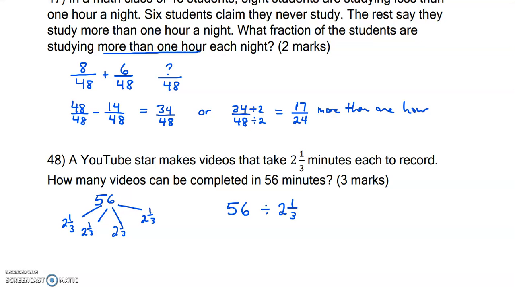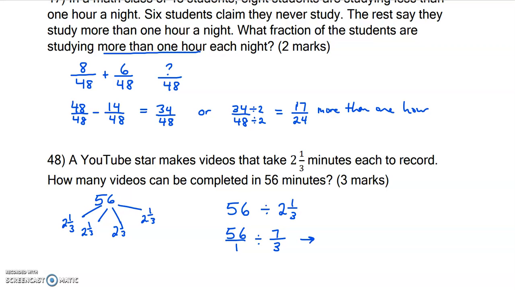We know with division of mixed numbers, we need to change to improper fractions, and we also need to keep, flip, and change. So I'm going to do these step by step. So I'm going to put 56 over 1 divided by 3 times 2 is 6, plus 1 is 7.